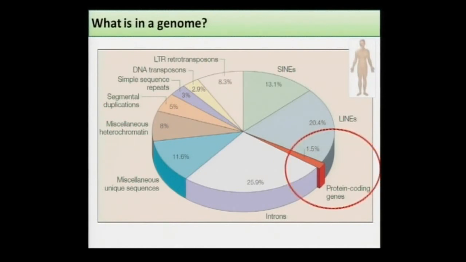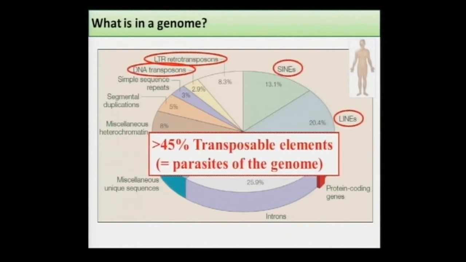If you check out protein coding genes, that's the exons that encode protein, less than 2% of your DNA encodes proteins. By contrast, probably half or more, I'll show you a new estimate in a second, is what are called transposable elements.